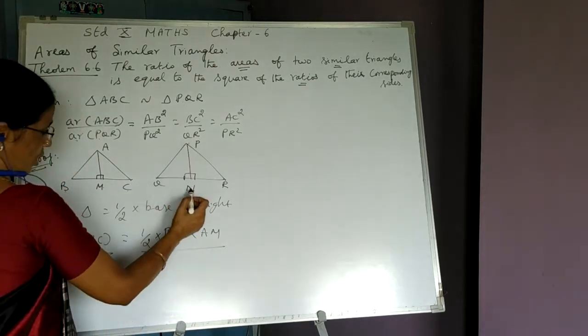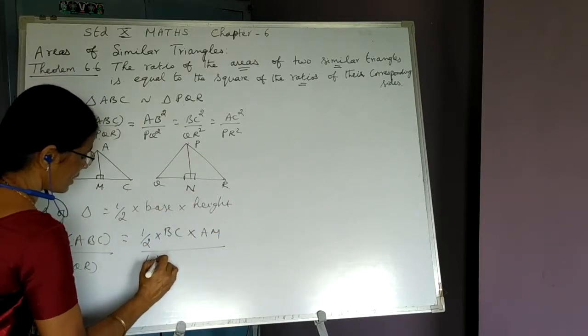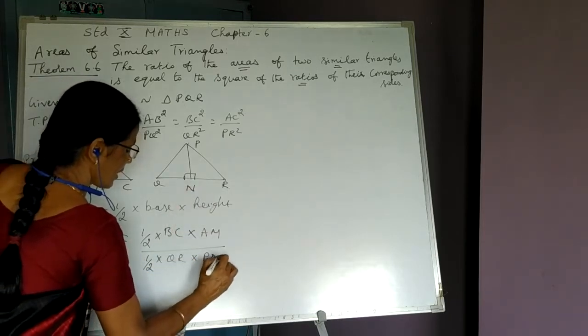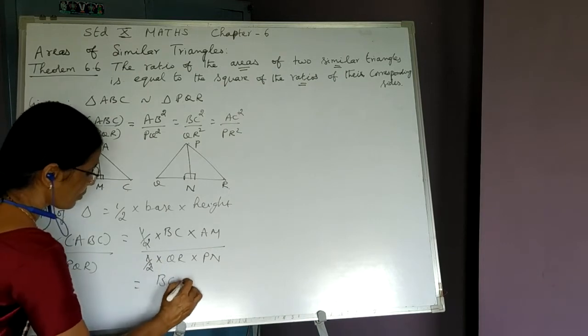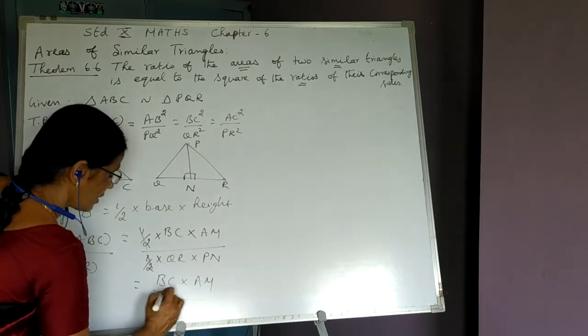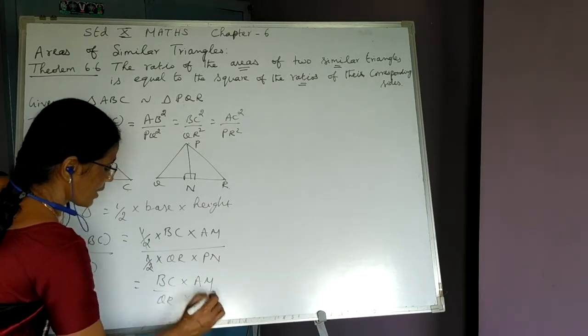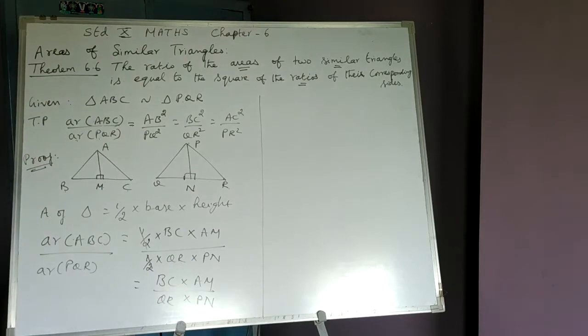The altitude drawn is PN. PN stands on QR. Therefore, base is QR and the height or the altitude is PN. Half gets cancelled. So what we get here? BC into AM upon QR into PN. Hope you understood till here.